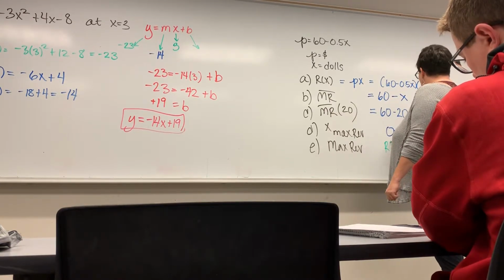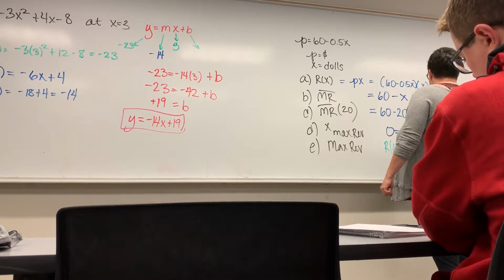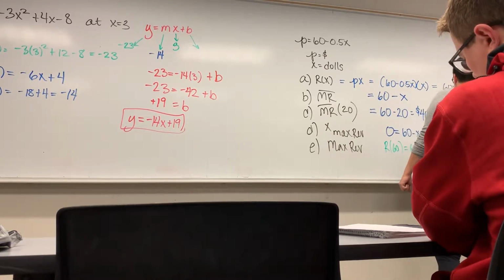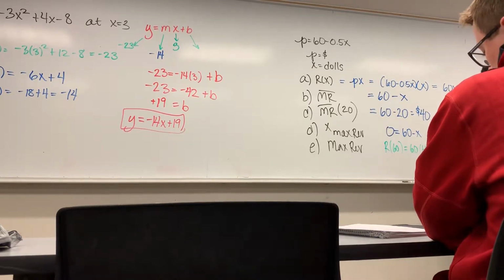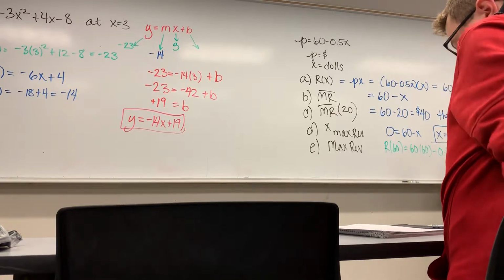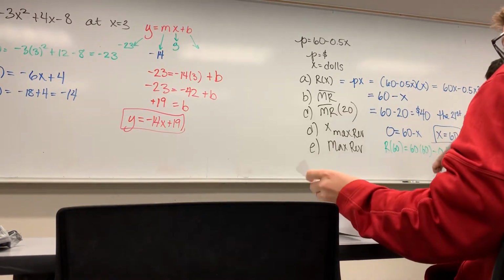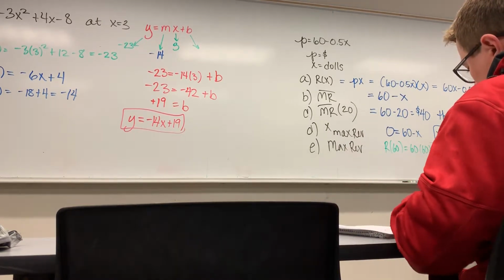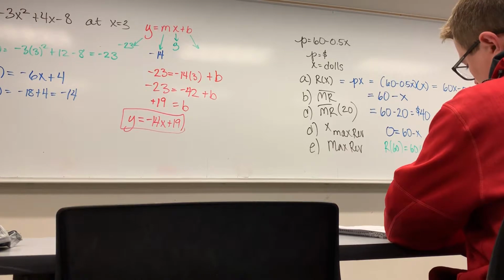So revenue at 60 is 60 times 60 minus 0.5 times 60 squared. Should give us $1,800. Let's make it dollars. Maximum revenue is in dollars. Any questions?